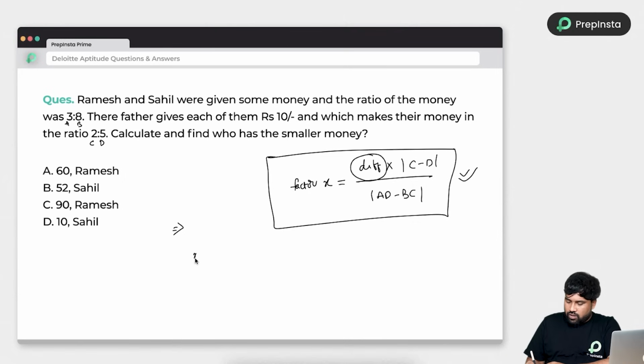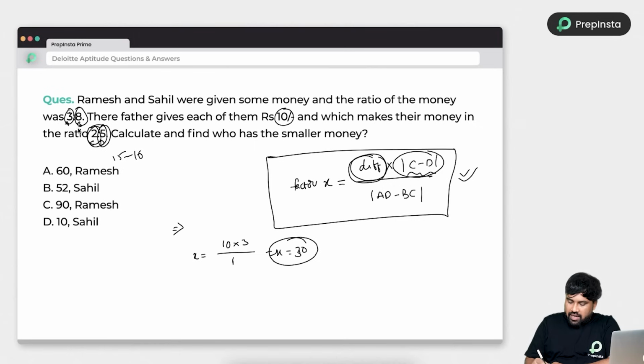So factor x is simply the difference, which is 10, into the difference of CD, so C and D difference is 3, divided by AD minus BC difference. AD is 3 into 5, 15, and 8 into 2 is 16. Difference is 1. So x is equal to 30.